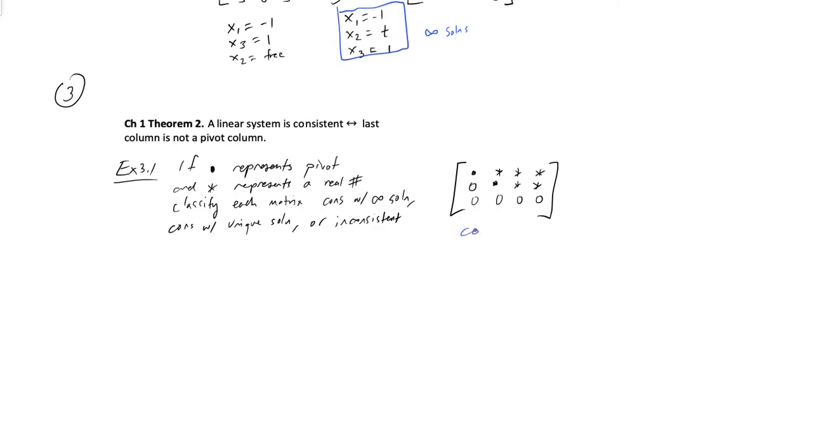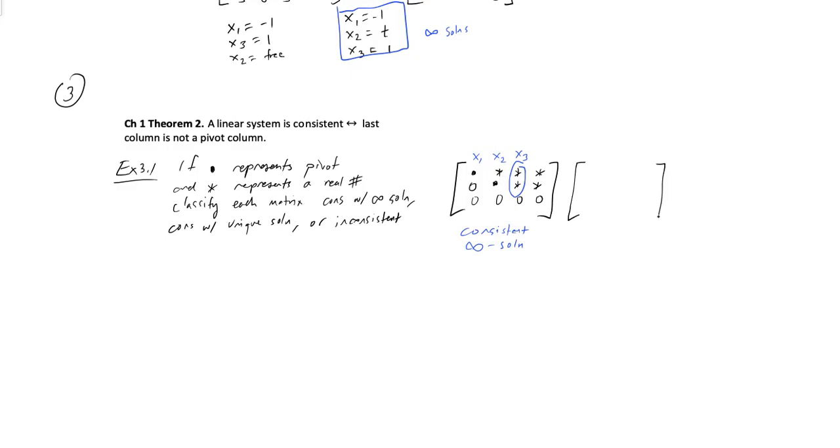This is consistent because we don't have the last column as a pivot column. And furthermore, it's an infinite number of solutions because we have a free variable. You can see that as a free variable because there's no pivot associated with the third. So if you think of this as x1, x2, x3, the third variable, x3, is a free variable. It doesn't have a pivot associated with it.